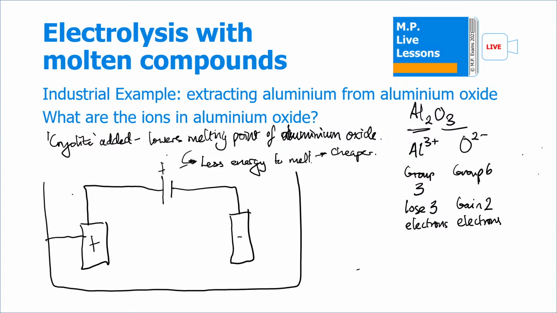So we have our molten solution, and we've got different ions. So we've got positive aluminium ions, and then we have negatively charged oxygen ions. And remember that opposite charges attract.